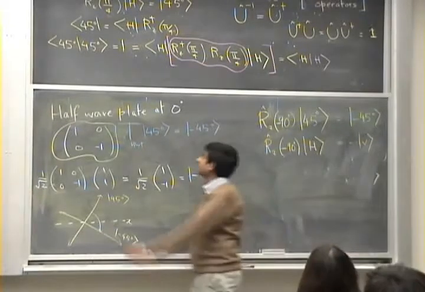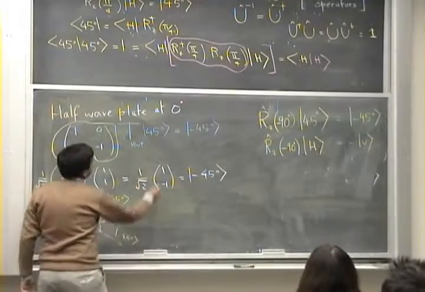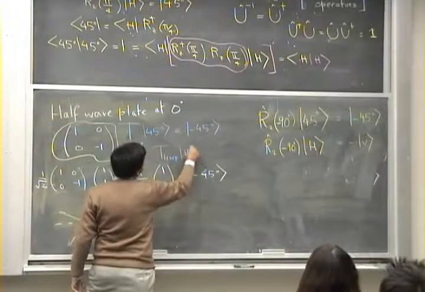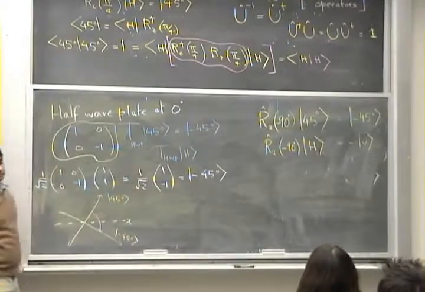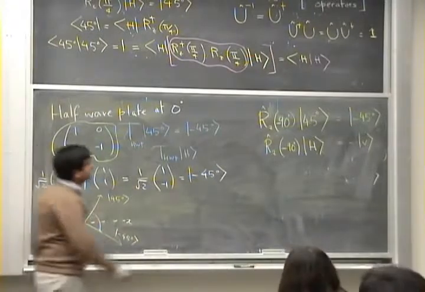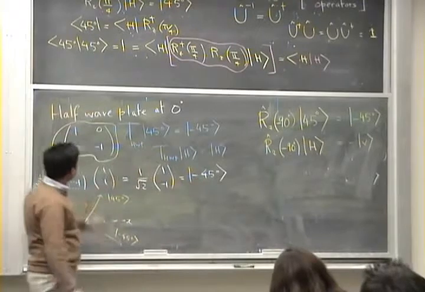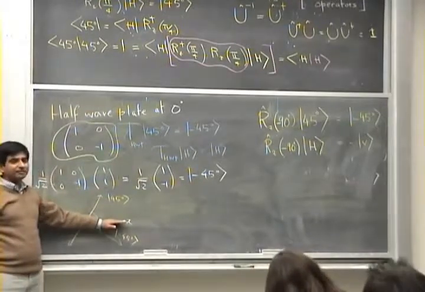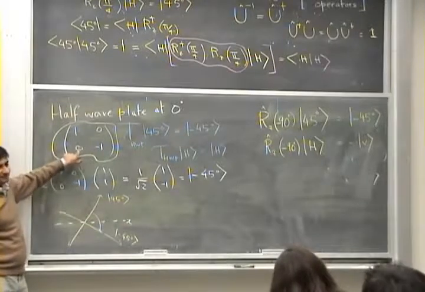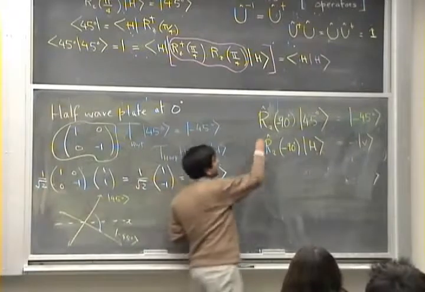However, in this case, if I have a half-wave plate and my input state is horizontally polarized, what's my output? It means unchanged, because now the state is parallel to the fast axis of the half-wave plate. Hence this matrix or this operator is not the same as the rotation operator.